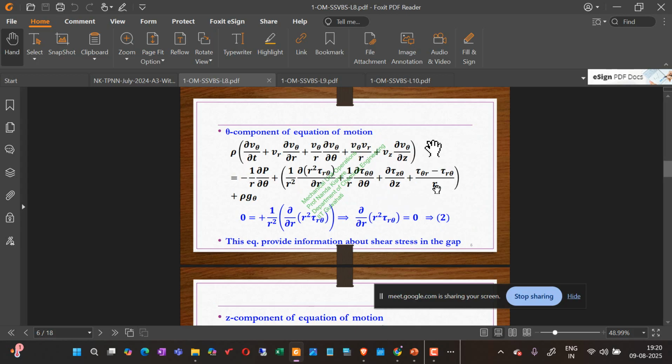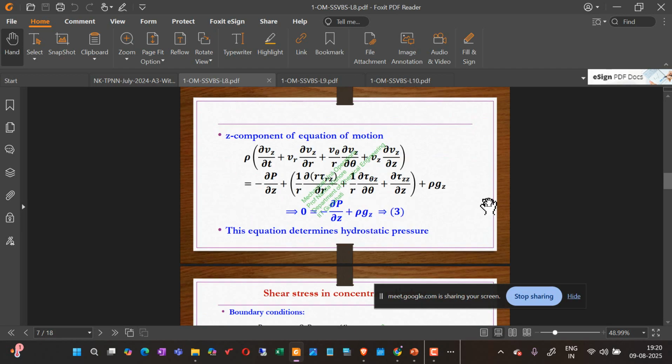So this tau r theta will be computed based on that, and then the z component of the equation of motion will give you this hydrostatic measurement. Anyway, these gravitational effects you have considered or nullified. Based on that, you have to manage this particular component of the equation of motion.